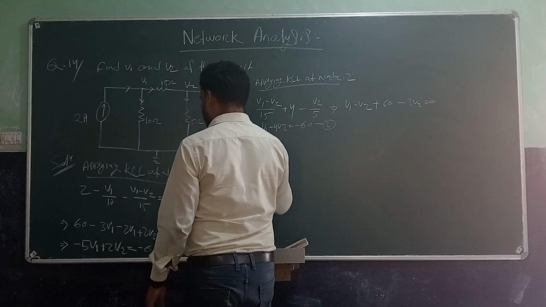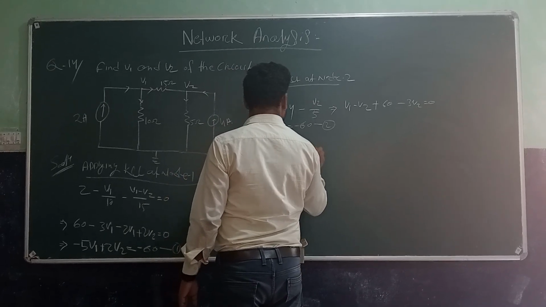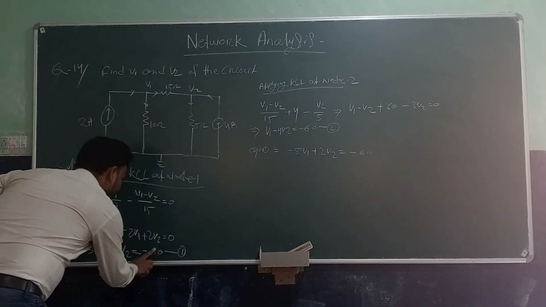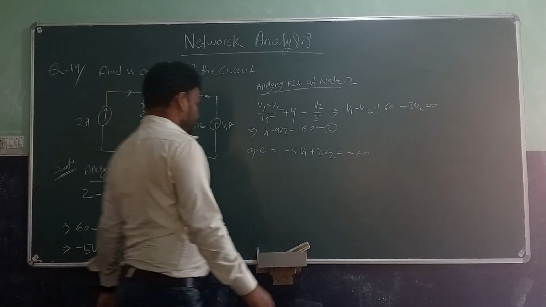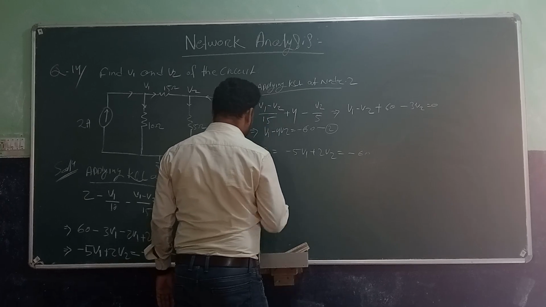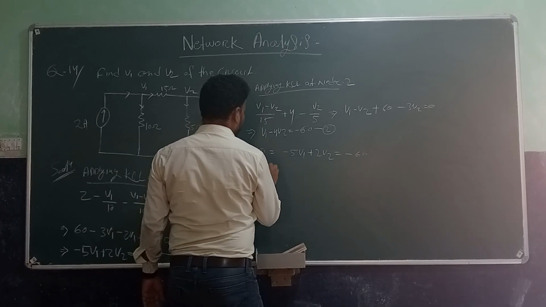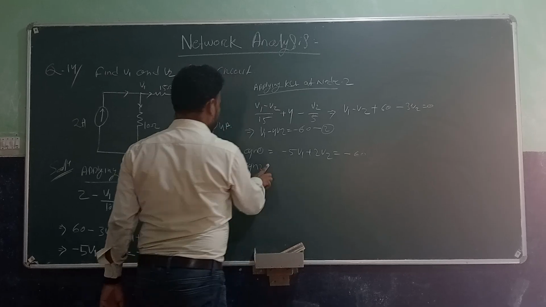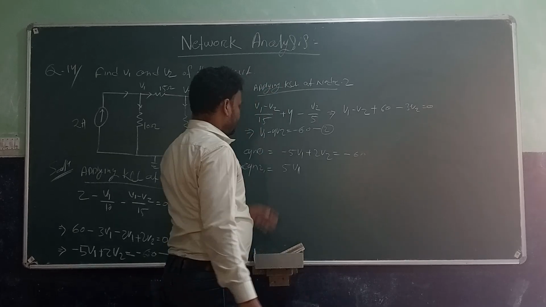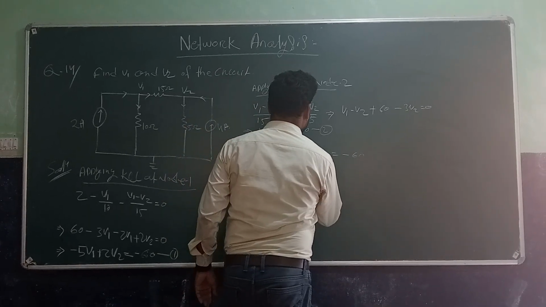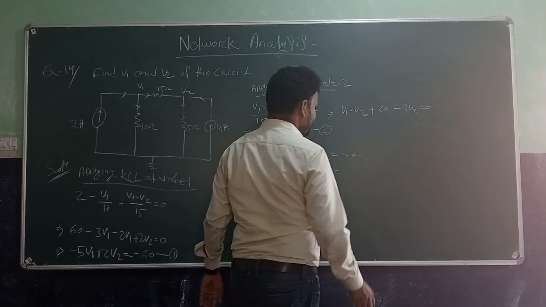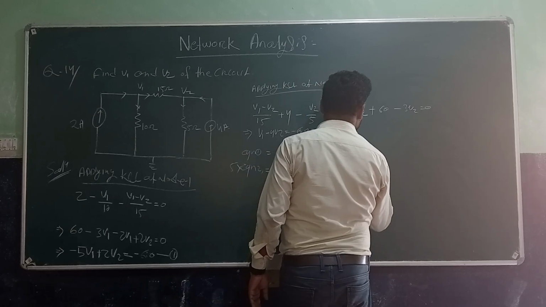Equation 1: minus 5V1 plus 2V2 equals to minus 60. Equation 2 into 5: this is equal to 5V1, here minus 20 V2, here multiply 5 into 60, minus 300.